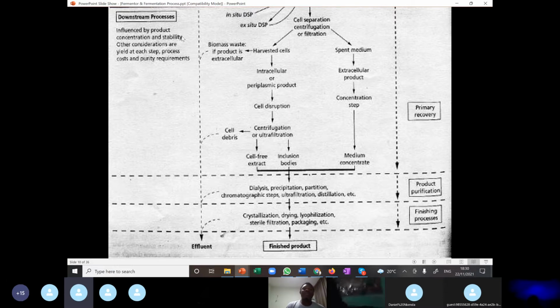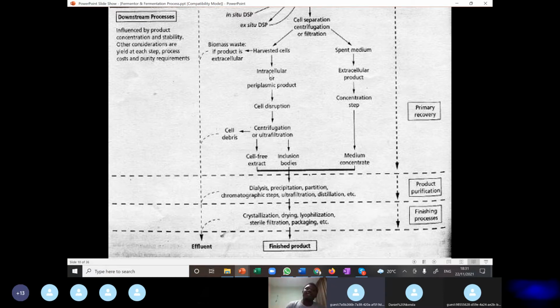In some cases, the byproducts are not our desired products. The cost of purifying these end products at each step, I'll call them end products because they could be byproducts or they could be the biomass, are all things that come into play in determining the right procedure for the fermentation cost and the right procedure for downstream processing.